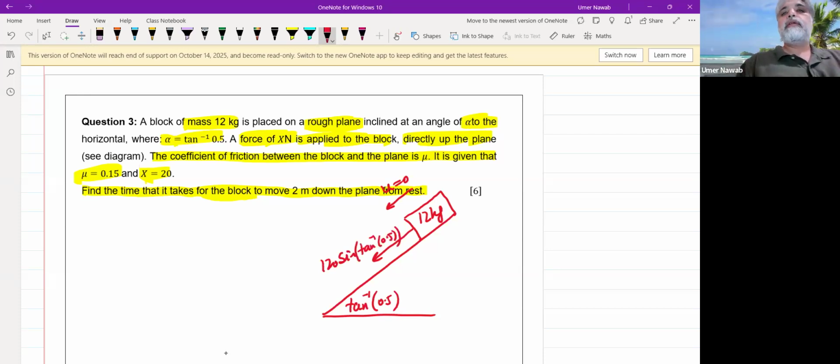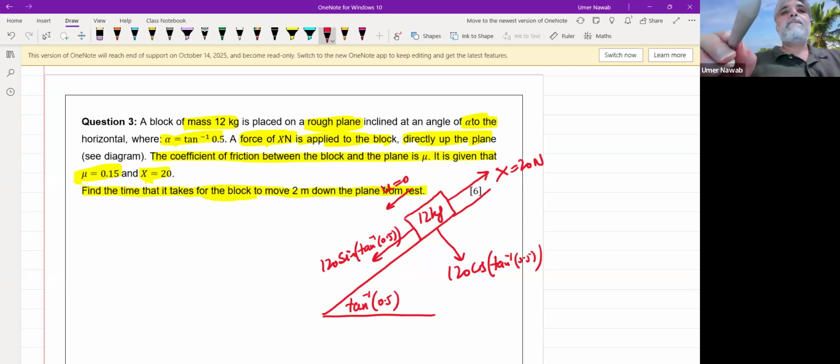You can calculate its value. It's not a big deal. So 120 cosine of inverse tan of 0.5. A force of X Newtons is applied to the block directly up the plane. So there is an X force, which is 20 Newtons up the plane.